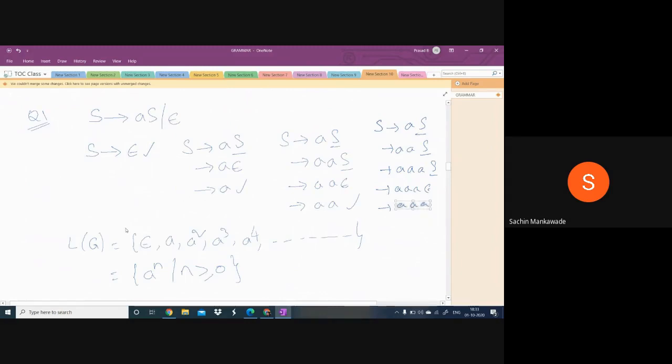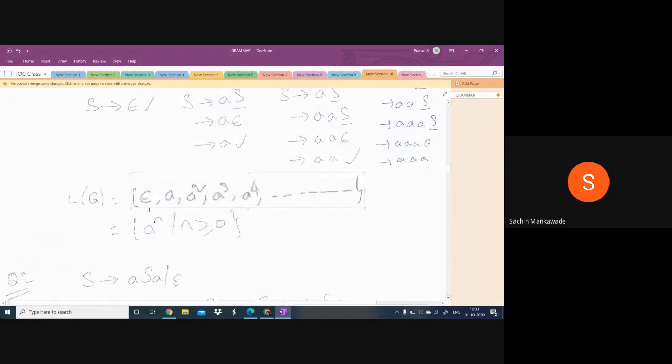So these are the strings: epsilon, A, A square, A cube, A power 4, and so on. So what is the general form? A power n. This is A power 0, A power 1, A power 2, and so on. So A power n, where n is greater than or equal to 0. This is the language for the first question. Okay, so copy this.